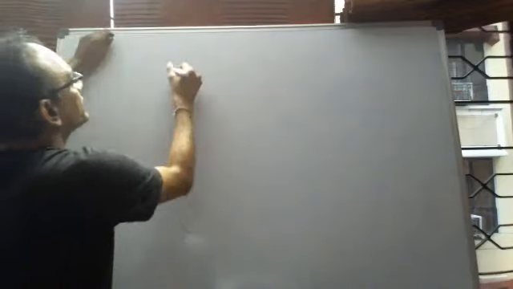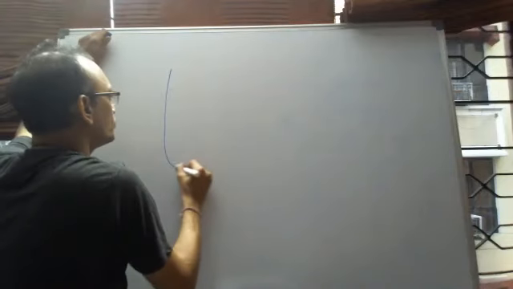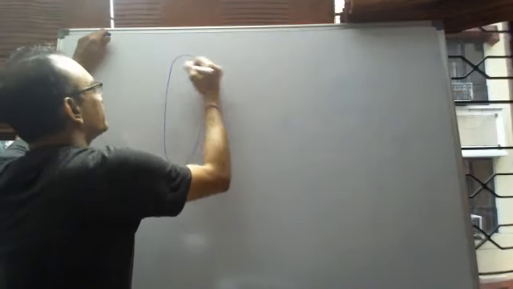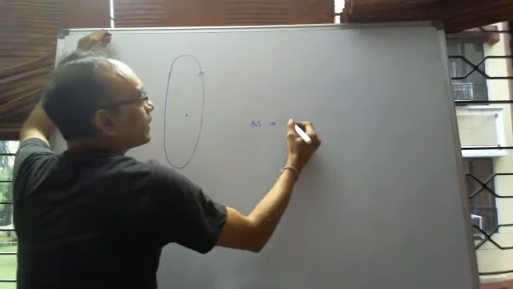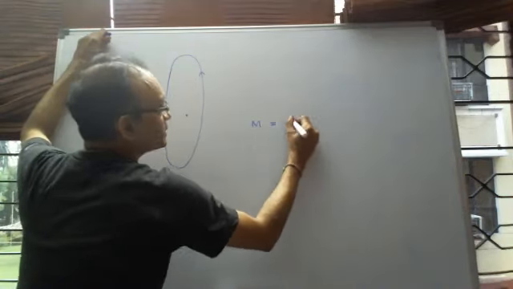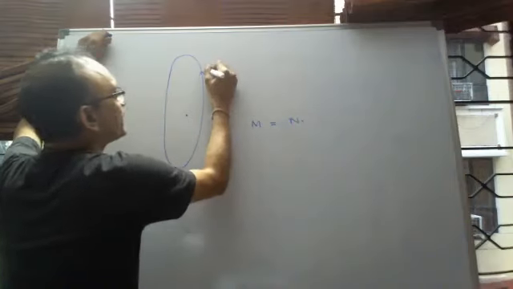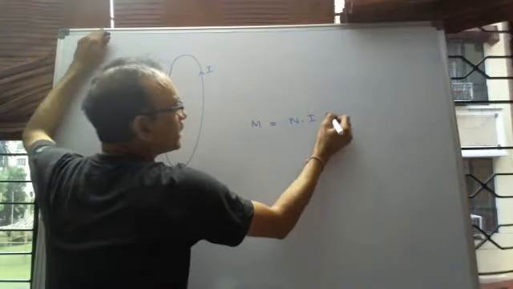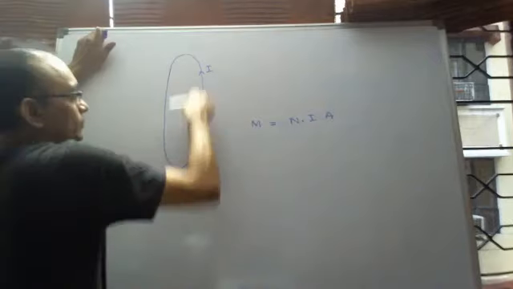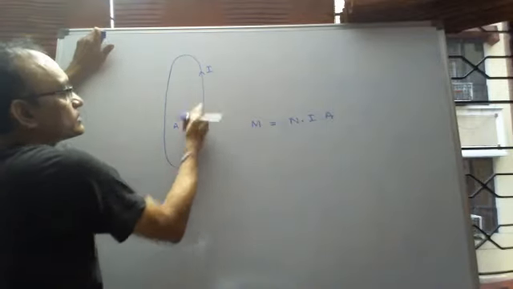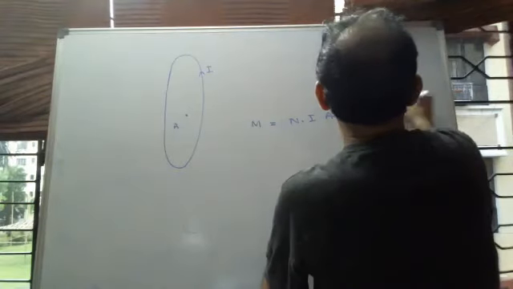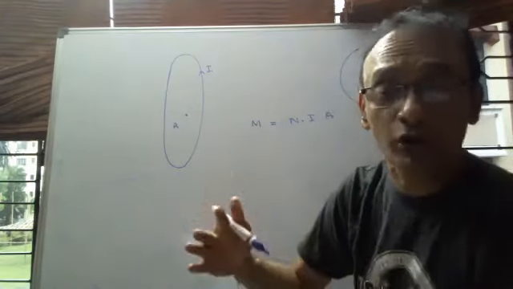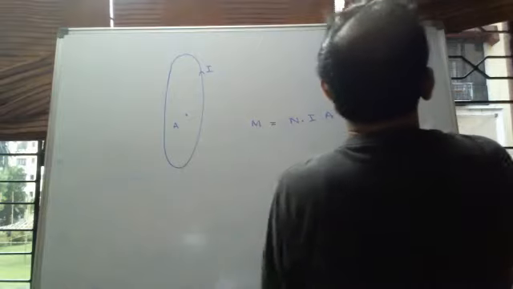Also, I'm sure by this time you would realize a current carrying circular loop also behaves like a magnet. With magnetic moment, number of turns n into the current I that it carries into the area of this, right? A is the area of this. One thing, if you have a circular loop, then where is the north pole and the south pole in a circular loop?